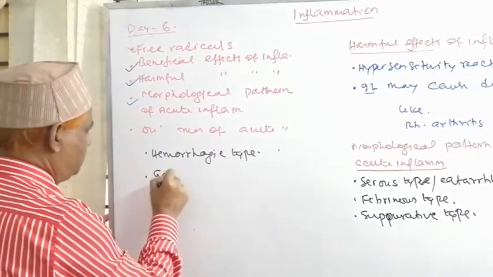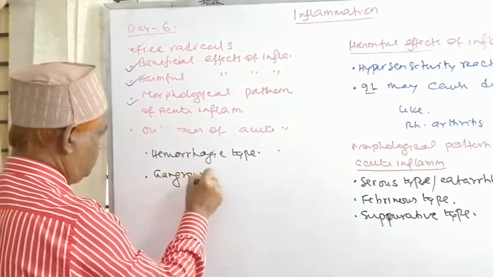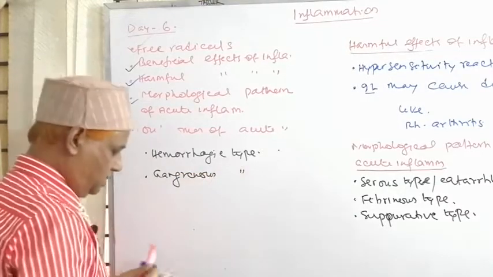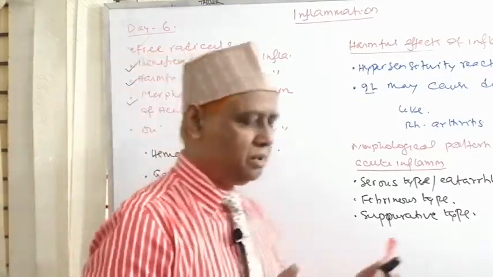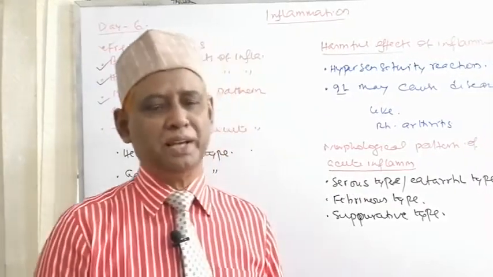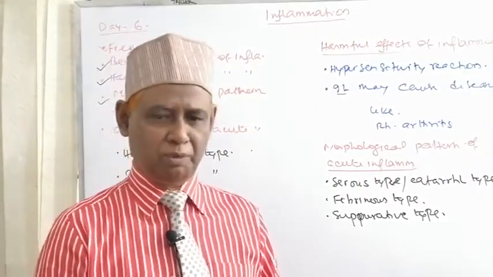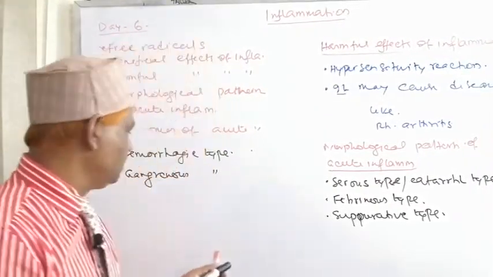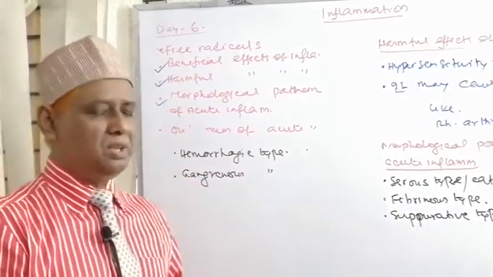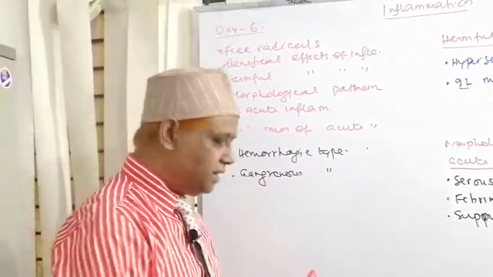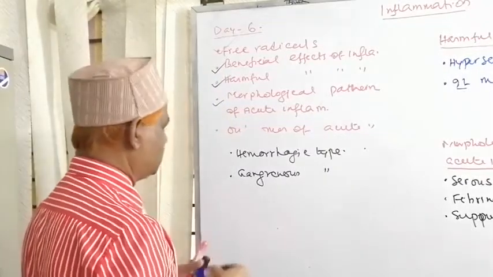Gangrenous type of acute inflammation. If acute inflammation is associated with gangrene, it is called gangrenous type. For an example, sometimes acute appendicitis may be gangrenous type of acute appendicitis.